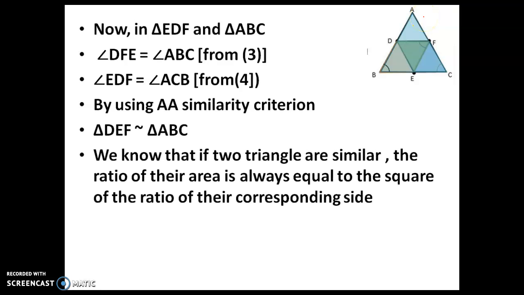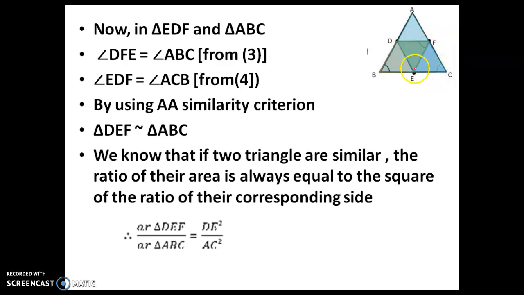If it is similar, we can say that the ratio of the areas of the two triangles is equal to the square of the ratio of corresponding sides. So we are taking DE square by AC square. DE's corresponding side is AC.